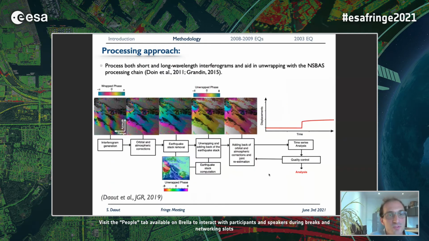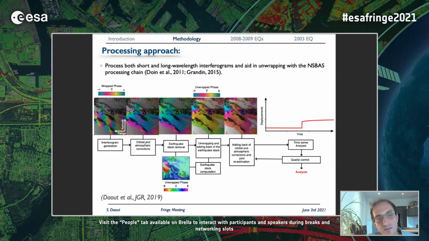So our approach to deal with those challenges was to process both short and long wavelength interferograms in order to aid the unwrapping. And we processed with the NSBAS processing chain that includes a few corrections on the wrapped phase, like for example, orbital or atmospheric corrections that we apply on the wrapped phase.